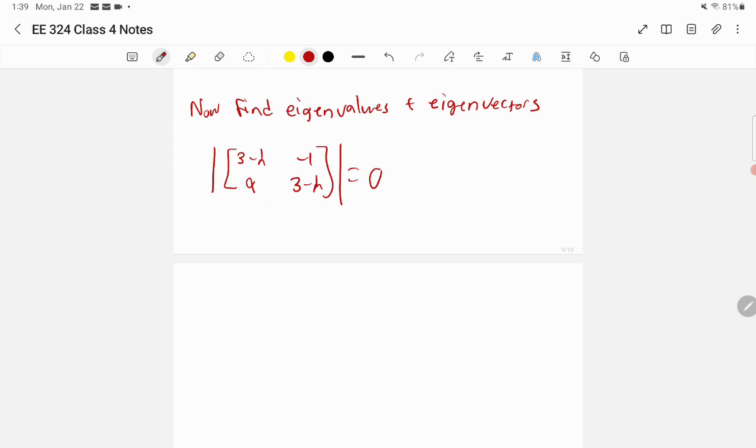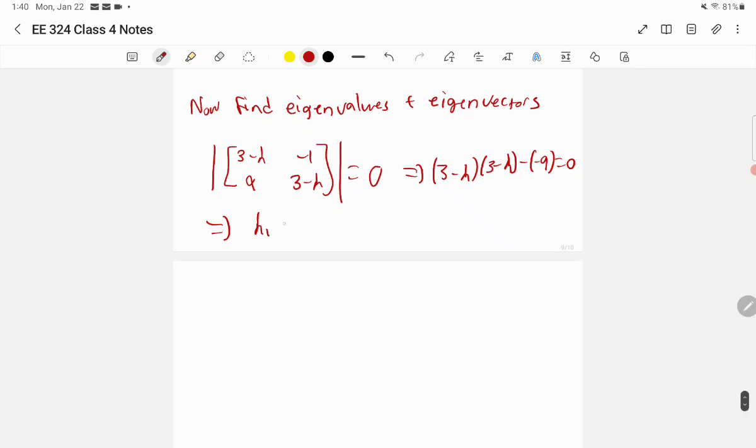Which implies that 3 minus lambda times 3 minus lambda minus negative 9 is equal to 0. If you solve this all out, you find that lambda 1 equals lambda 2 equals 0. Non-unique eigenvalues.